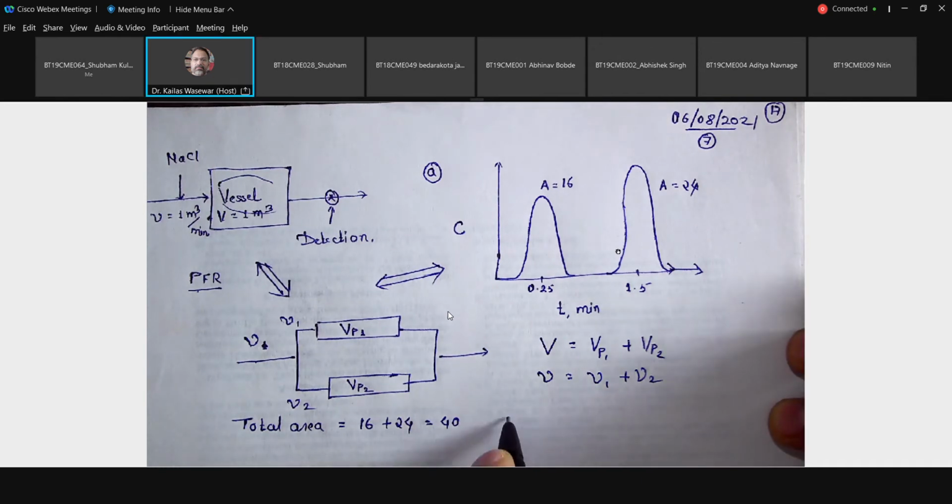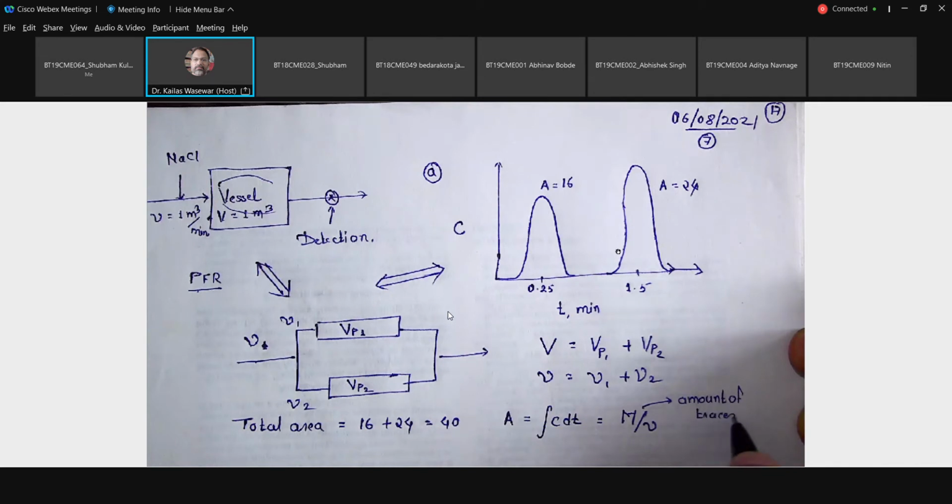Area for the C curve, that means integral of C dt, is equal to what? It is M by v. Very good. It is M by v. M is the mass of tracer, or amount of tracer, and this is the flow rate.